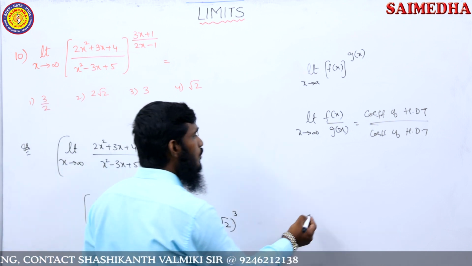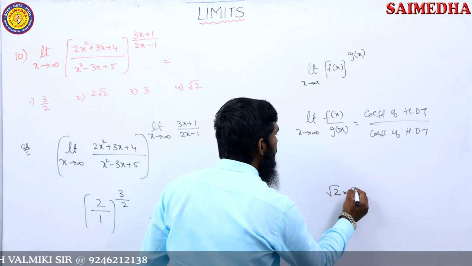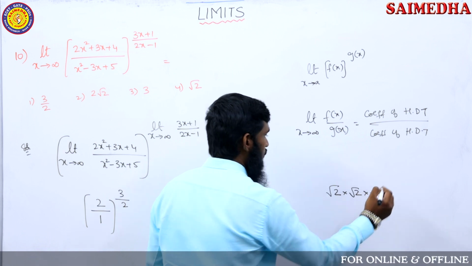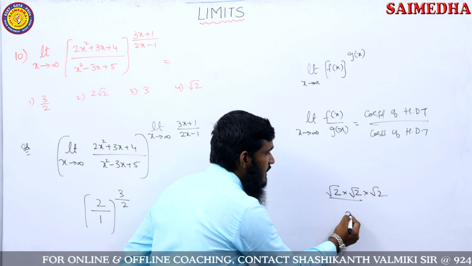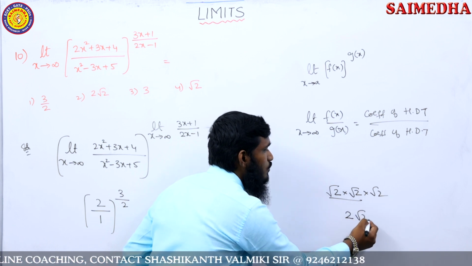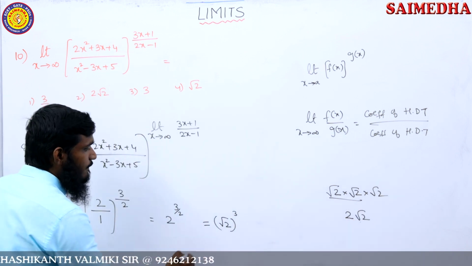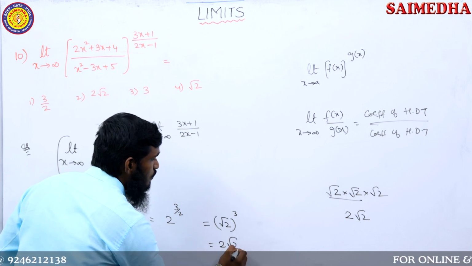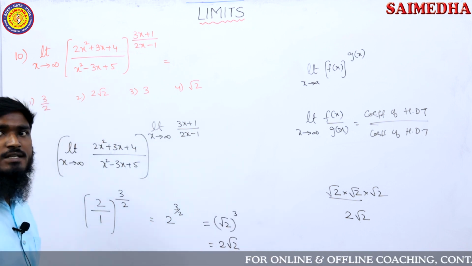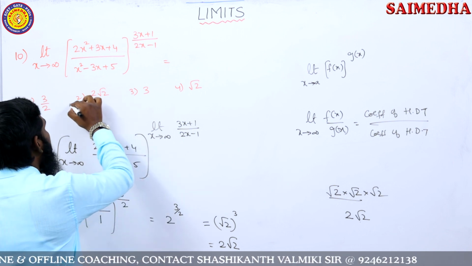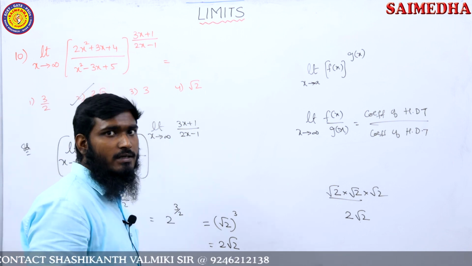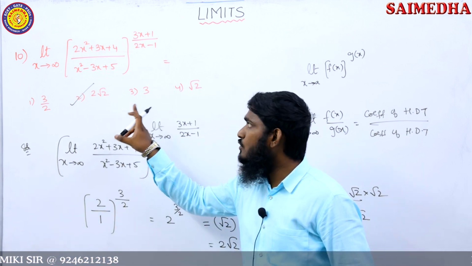Now root 2 whole cube means root 2 into root 2 into root 2, taken 3 times. Root 2 into root 2 becomes 2, and we have the root 2 part over here. So what do we get as the final answer? 2 root 2. Which option will be correct according to our answer? Option 2 will be correct, 2 root 2.